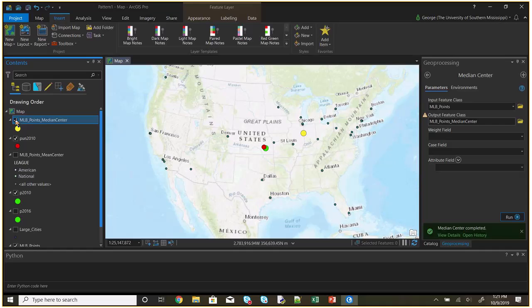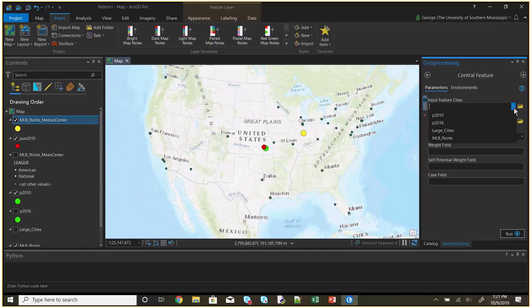A lot wrong, sorry. Not a lot wrong, but the median center is the location that minimizes the distance to all features. It doesn't actually have to be one of the features. Central feature is the one that was most like location allocation, and that's how I was wrong. So the one in yellow is the median center.